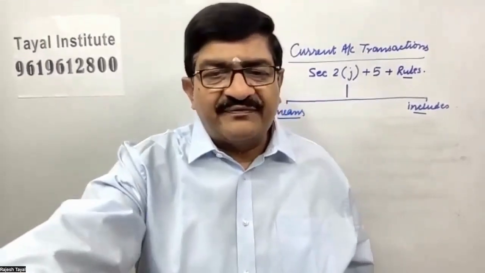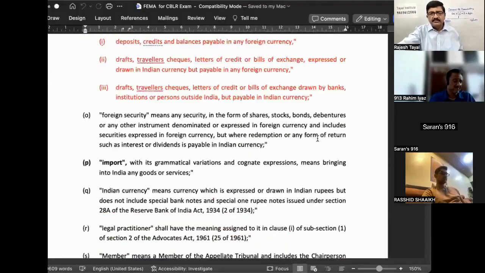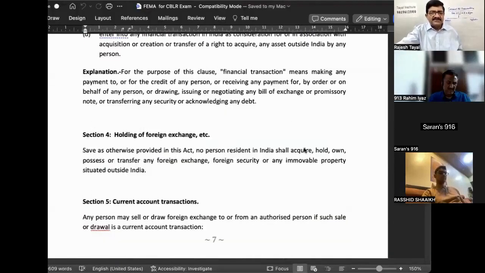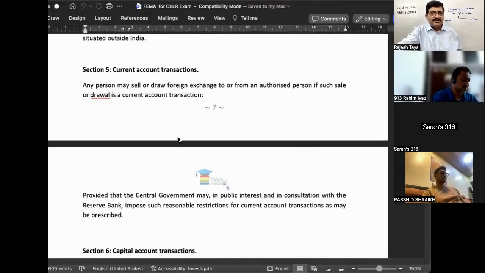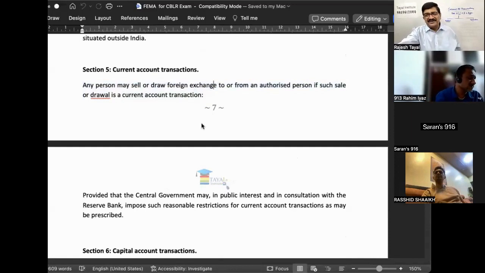Now coming to section 5, what is there in section 5? Section 5 is a very small section. It says: any person may sell or draw foreign exchange to or from an authorized person if such sale or draw is a current account transaction. Unlike section 6, which starts with the prohibition and then gives the permission, it is giving the permission, then putting the conditions.